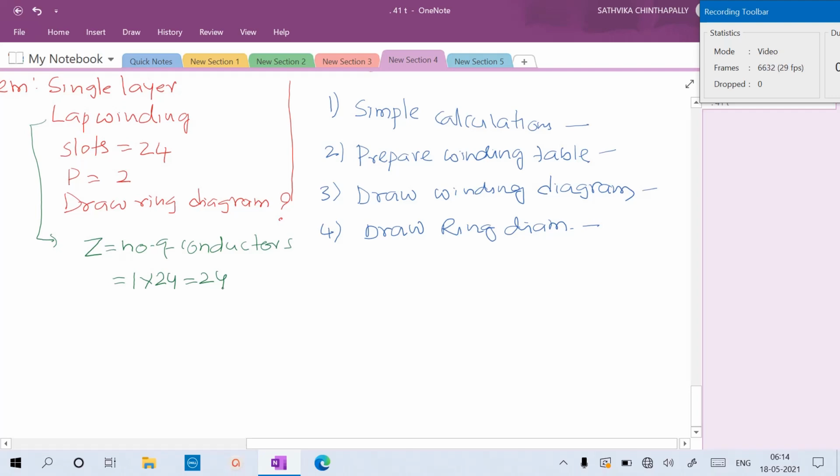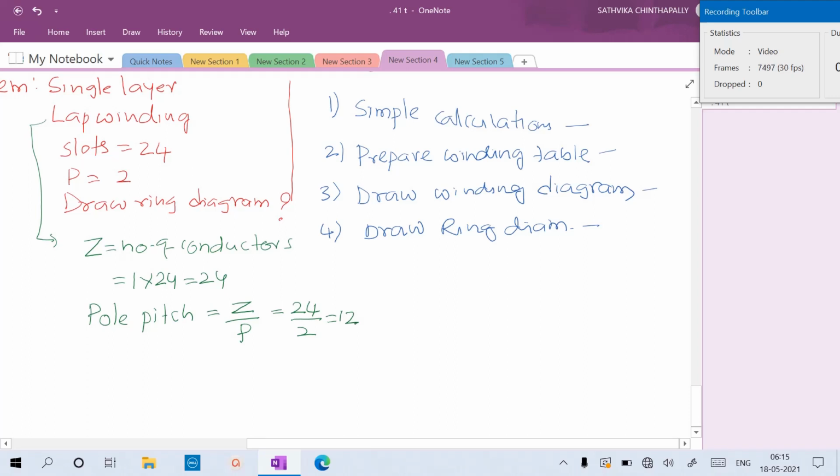P is given. Then find the pole pitch. What is the pole pitch? The distance between two consecutive poles. That is equal to total number of conductors by number of poles. Number of conductors is 24, and number of poles is 2, so 12 is the pole pitch. That means 12 conductors under the north pole and 12 conductors under the south pole.